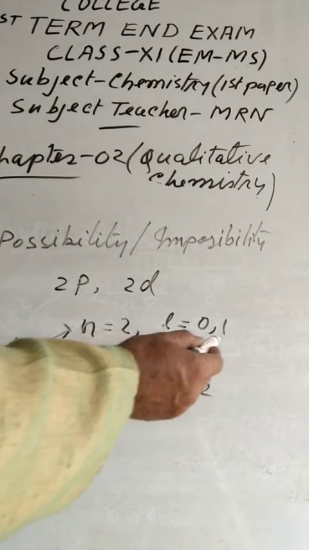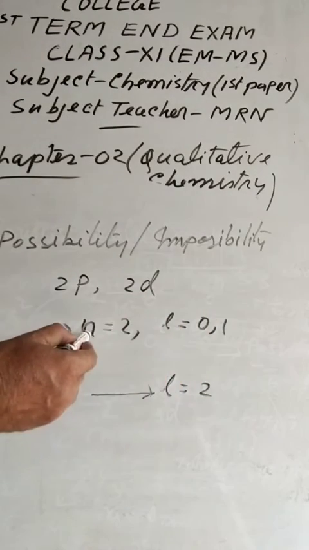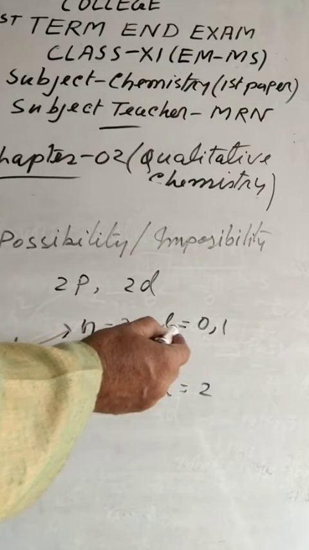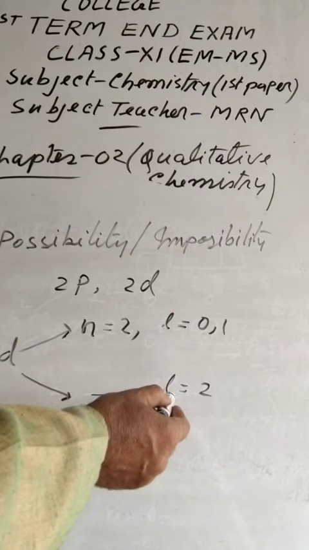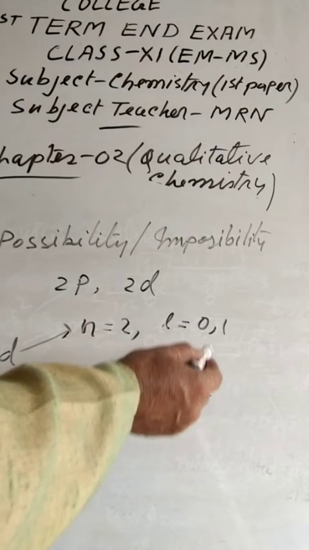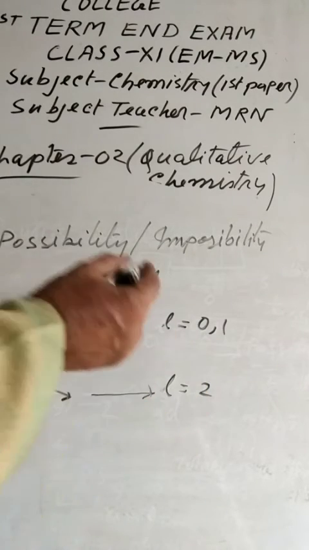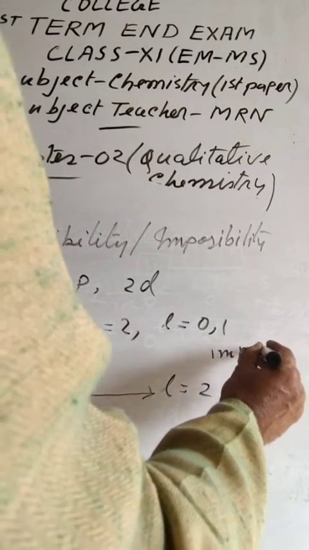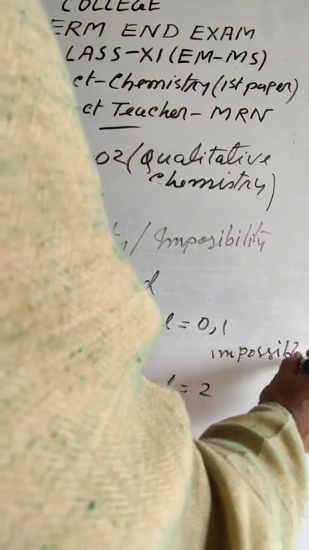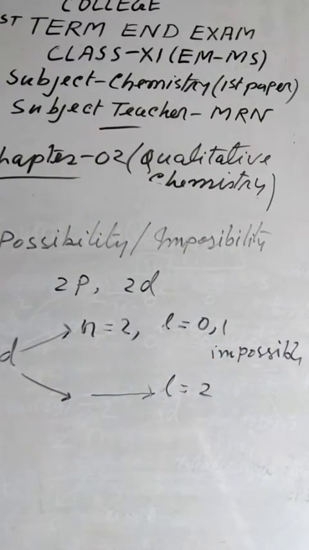Here the second shell allows subsidiary quantum numbers 0 and 1, but d demands 2, which is absent here, so this one is impossible. And in this way we can justify.